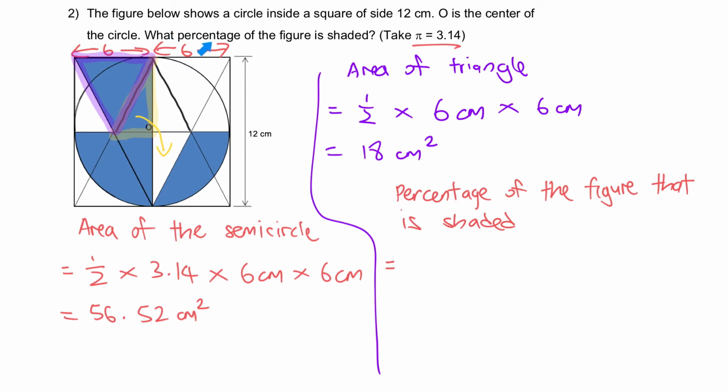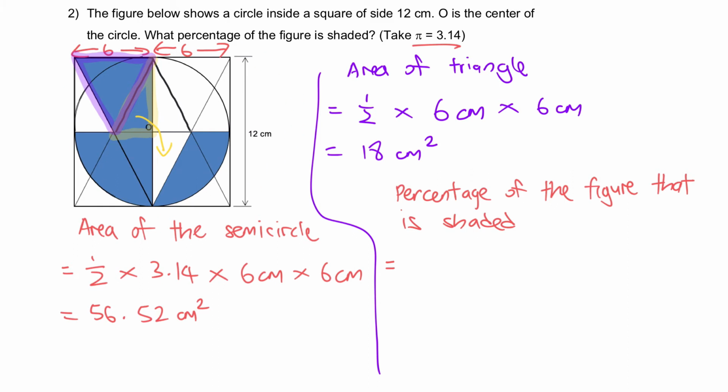Instead of finding what percentage first, you can figure out what fraction of it. We have learned that since primary 5, isn't it? So what fraction of the figure is shaded? So what fraction of the entire thing is shaded?